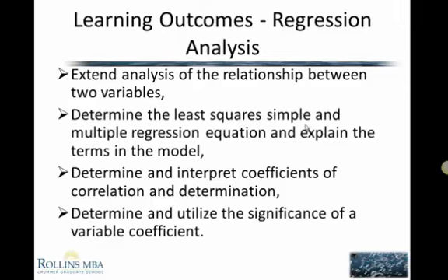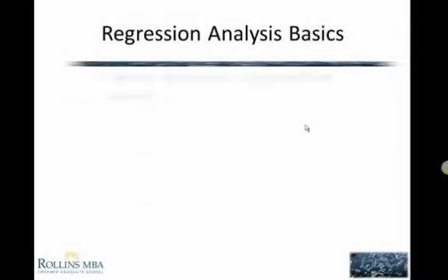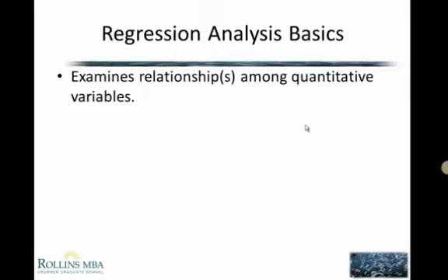So the goal is to determine the mathematical expression for the best fitting line that captures a relationship between two variables. Some of the terminology we're using so far goes back to our initial discussion about the relationships among variables.